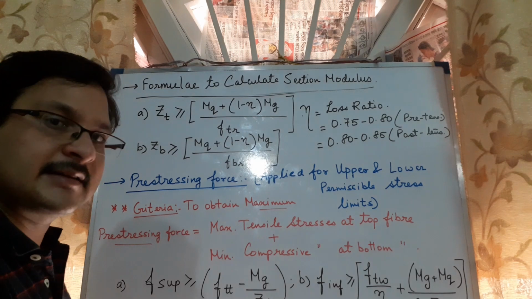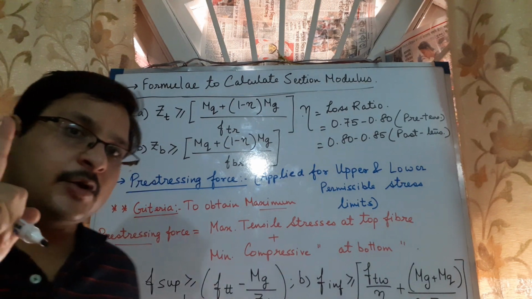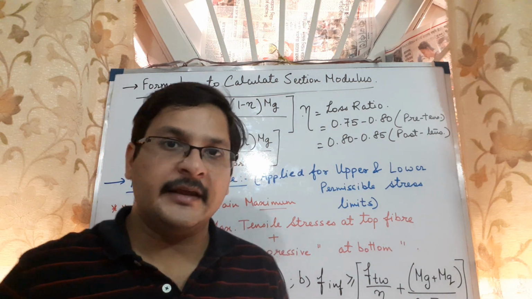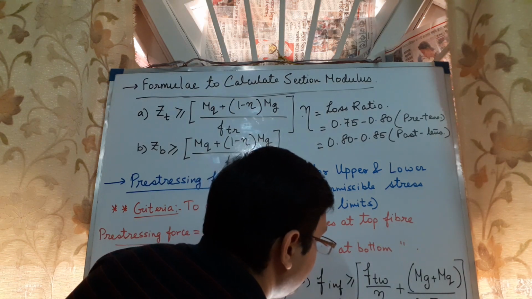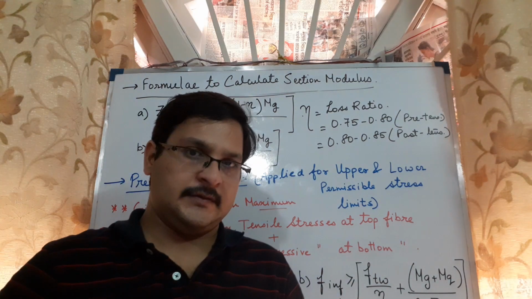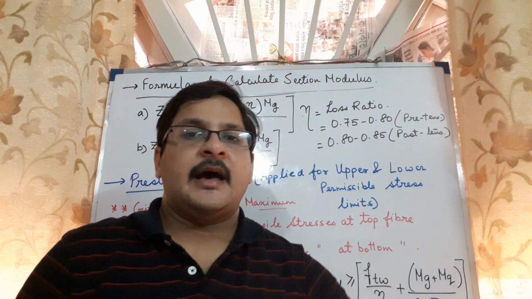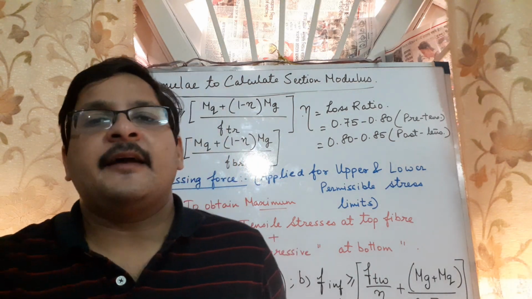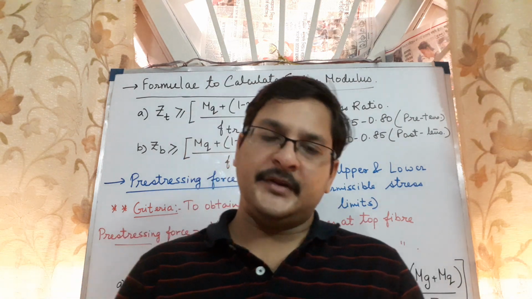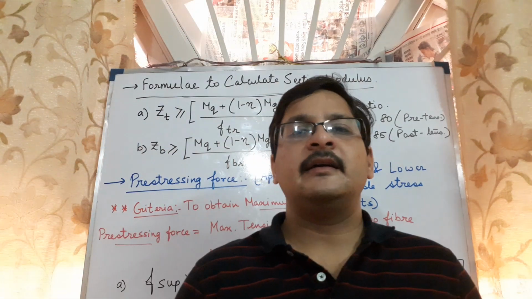So this has come from equation 1, the first equation which we have done in this topic, the design for flexure, and this equation has come from equation 4 of the first four equations. So these two equations we have to keep in our mind, and from this we will derive two final formulas in this topic, that is the prestressing force and obviously the eccentricity.